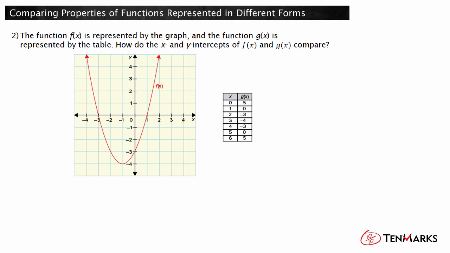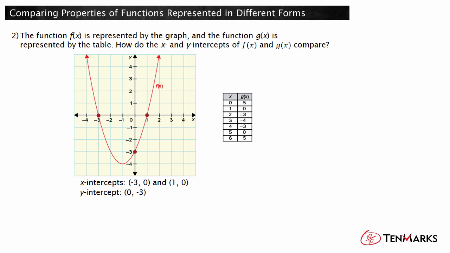First, let's find the intercepts of f(x). In a graph, the x-intercepts are where the graph intersects the x-axis, and the y-intercepts are where the graph intersects the y-axis. So, the x-intercepts of f(x) are (-3, 0) and (1, 0), and the y-intercept is (0, -3).